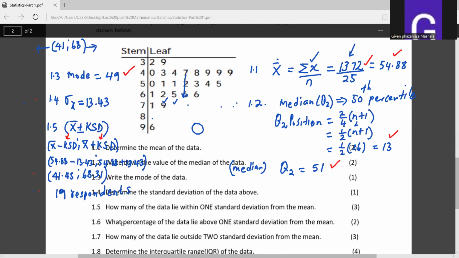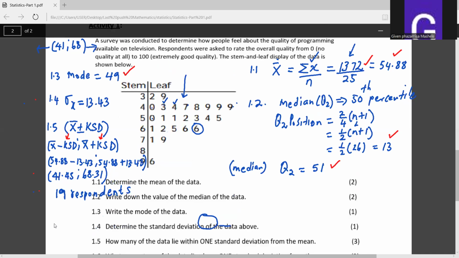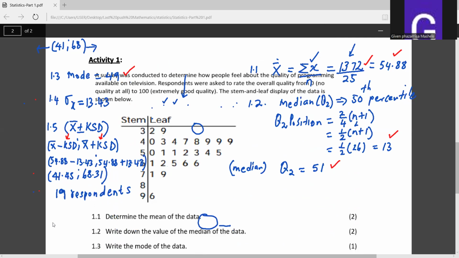The next question says, what percentage of the data lies above one standard deviation? Now they're talking about percentage. Since they're saying it lies above one standard deviation from the mean, we're still using the same information, but this time we want the ones falling above one standard deviation.